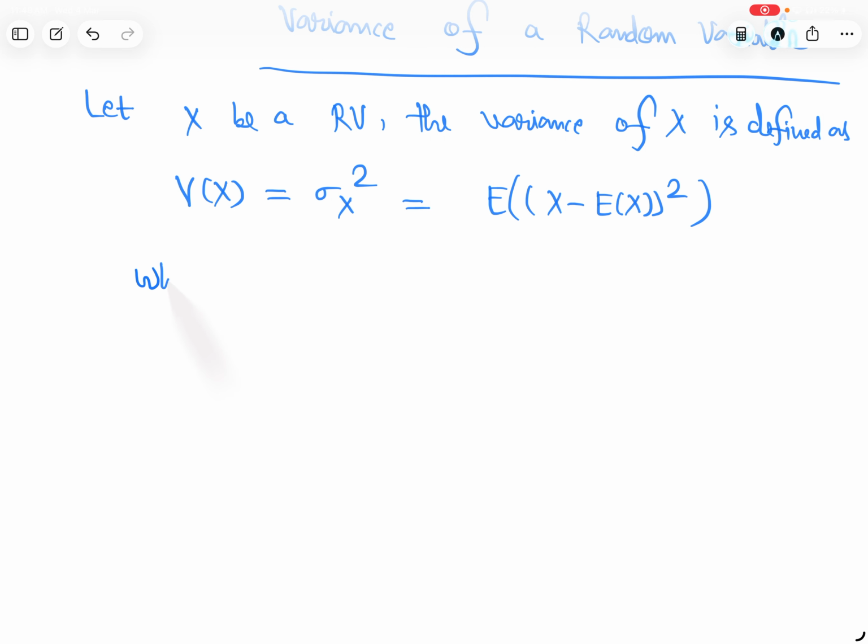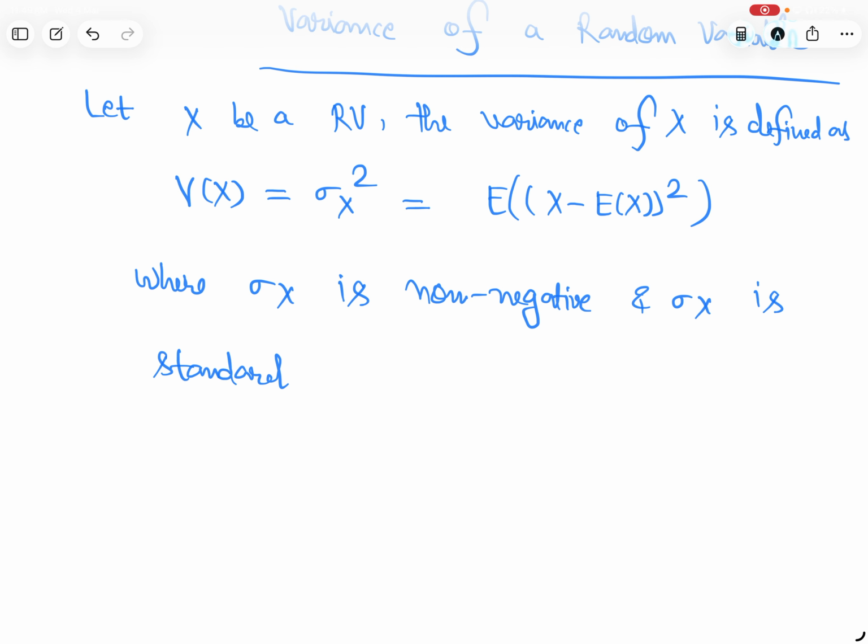Where sigma x is non-negative and this is called the standard deviation of x.